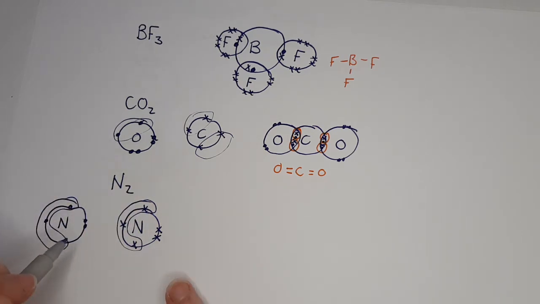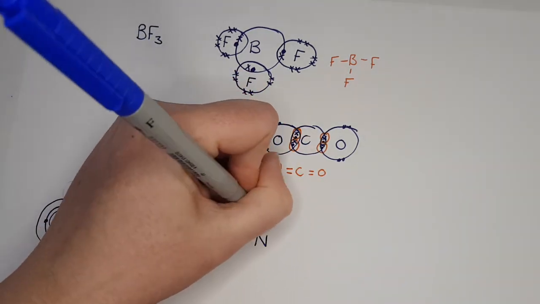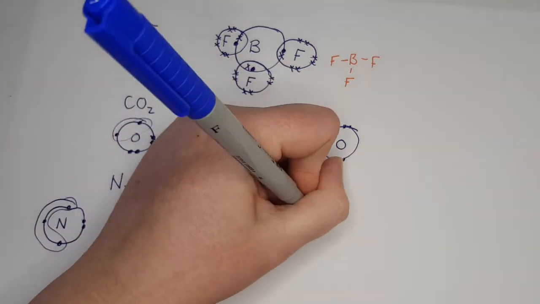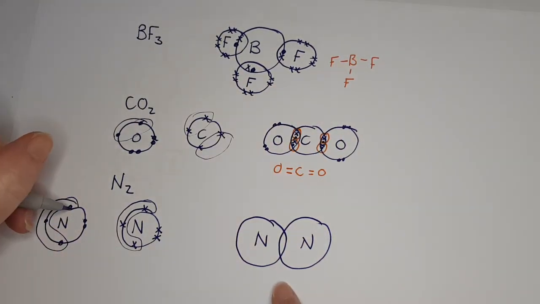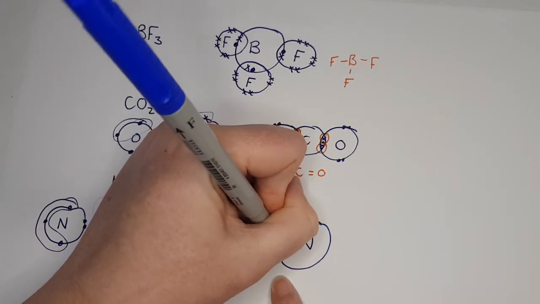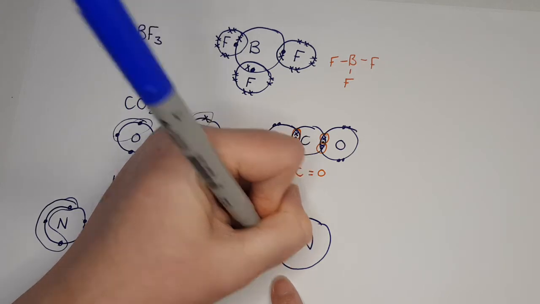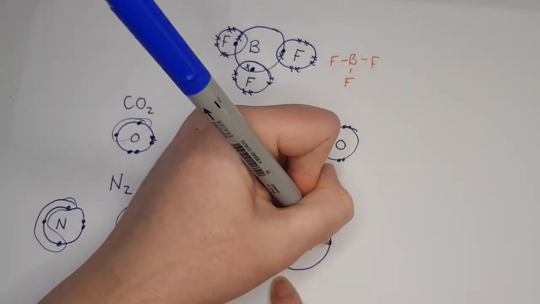So now all 3 of them can share, which means in the end, my nitrogen with my nitrogen means each one of those is going to share. And then we have the lone pair still on each side.